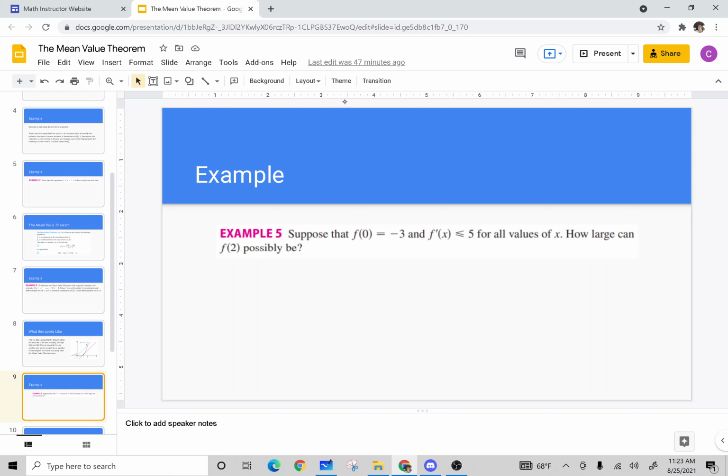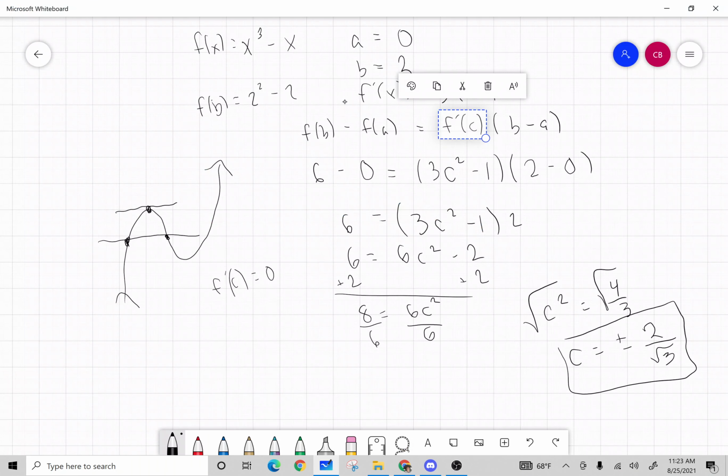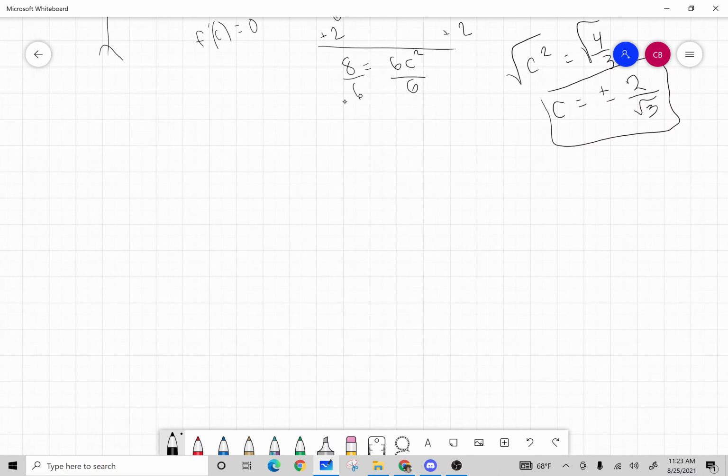And so suppose that f of 0 is equal to negative 3, and f prime of x is less than or equal to 5. Well, let's use the formula right now. We've got f of a and b, so f of b minus f of a is equal to f prime of c times b minus a.